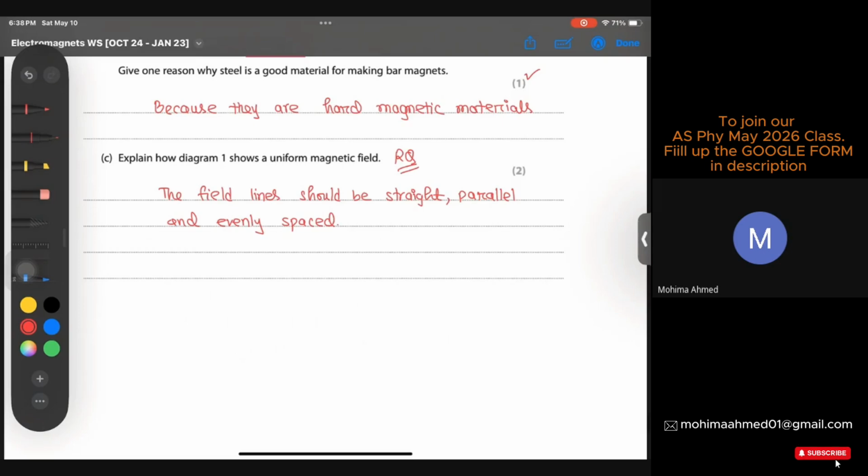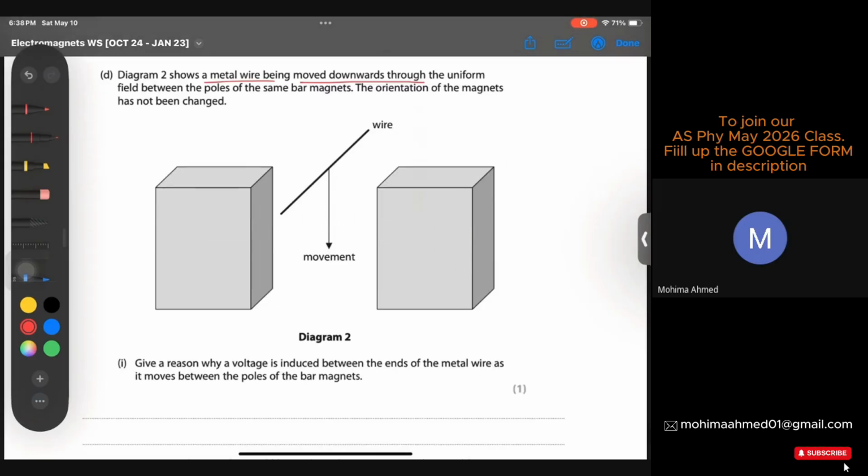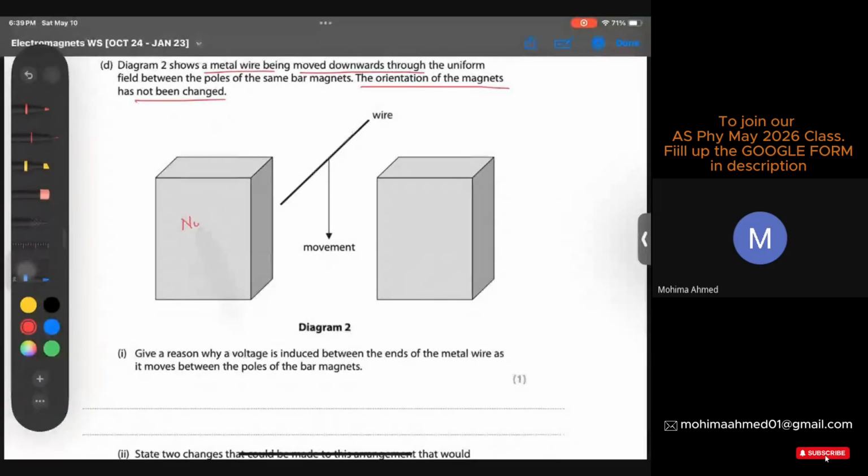Then if we move on to this one, diagram 2 shows the metal wire being moved downward through the uniform field. We have the metal wire and it is moving downward through this field between the poles of the same bar magnets. The orientation of the magnets has not been changed, which means this is still the north pole and this is still the south pole.